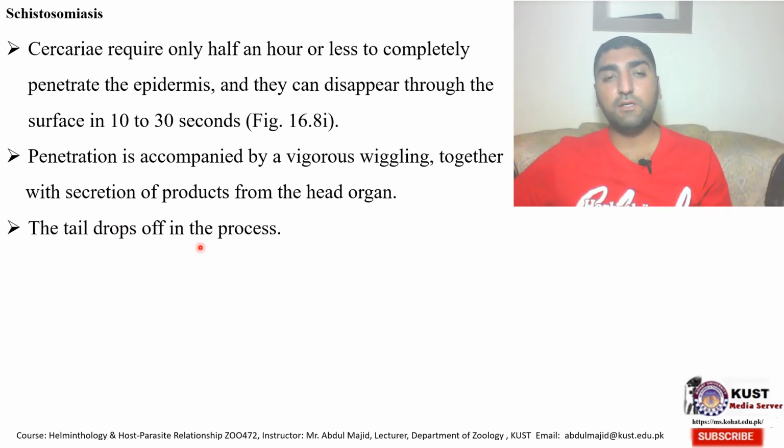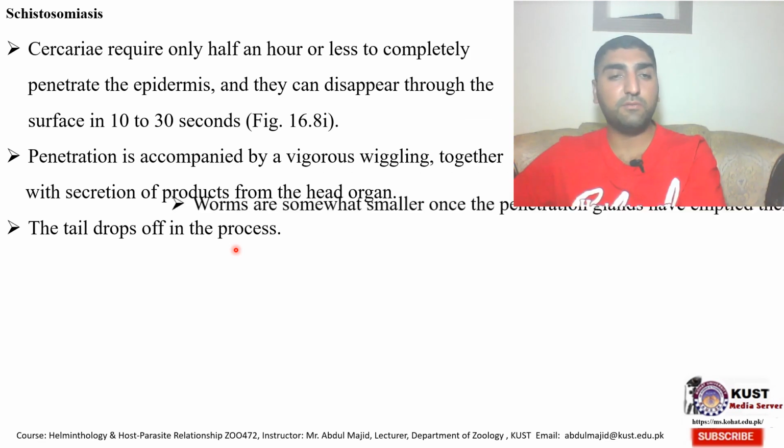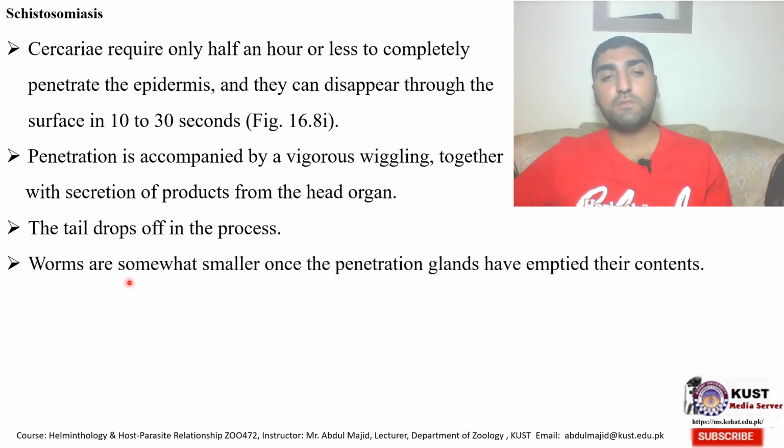The tail will drop off in the process. During penetration, the tail drops off. These worms become somewhat smaller when the penetration glands are emptied and their contents are released to help in the penetration.